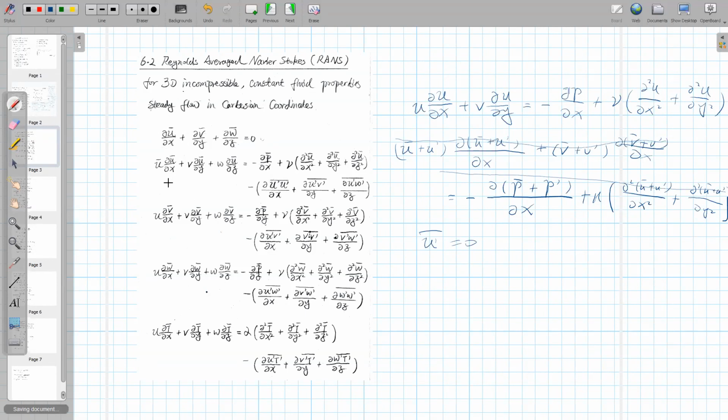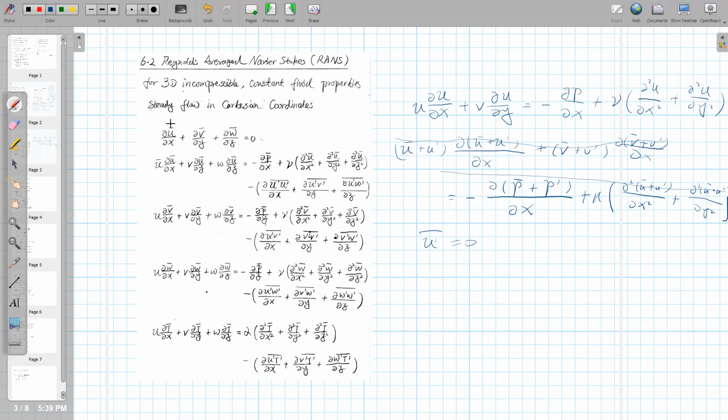But for these three momentum equations, the x, y, and z momentum, I'm using 3D cases. I assume the flow is incompressible, meaning density is constant, and also constant fluid properties, so I can take mu out of the derivative, and similarly for alpha.